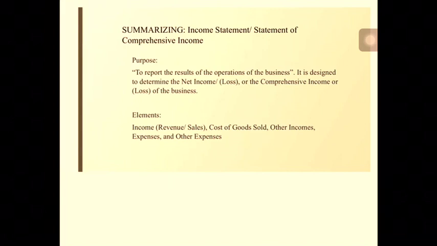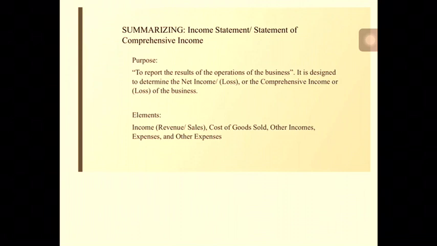Okay, so for example, if the business is regularly, originally engaged in the selling of bagoong products, or any other type of goods for that matter. So if it is engaged in the selling of goods, then the regular course of business, the profit generating mechanism of the business shall only be attributed from the selling of this particular type of products, right?